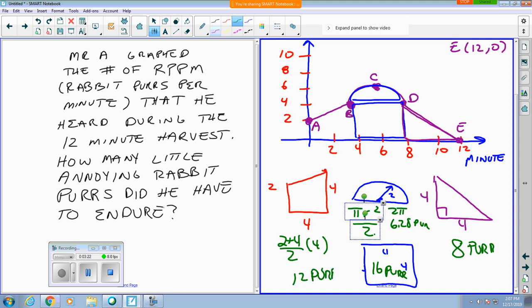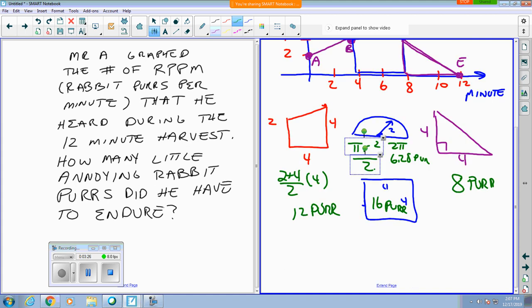And then everybody, all you have to do with all these numbers is add them up. 12 plus 16 plus 8 plus 6.28. And already I can tell it's going to round down. 0.28 is going to round down. You guys agree? So I can do that. 28 plus 14. 38. Did I make a math mistake?